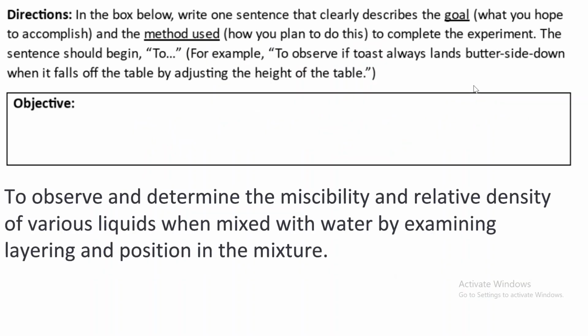And just like with every lab, we're going to start by writing an objective. The objective should be one sentence that clearly describes the goal that you hope to accomplish for this lab and the method used. One thing you can write in your lab is: our objective is to observe and determine the miscibility and relative density of various liquids when mixed with water by examining layering and position in the mixture.